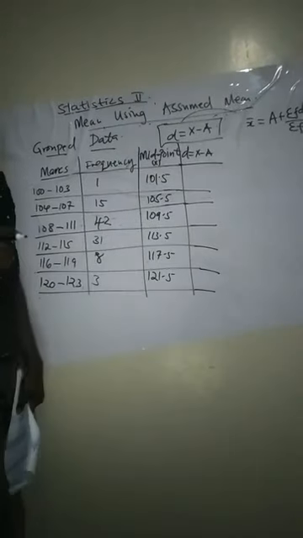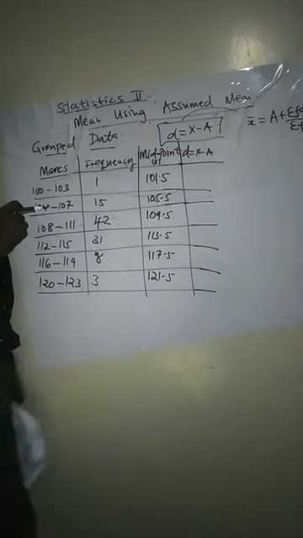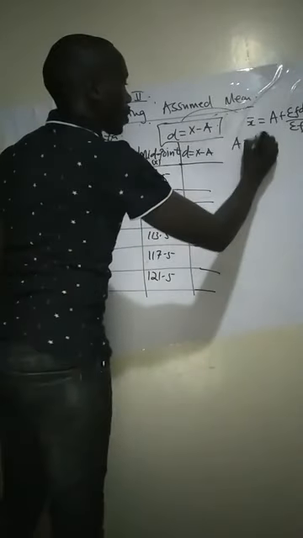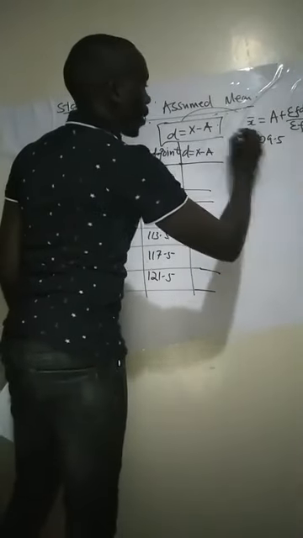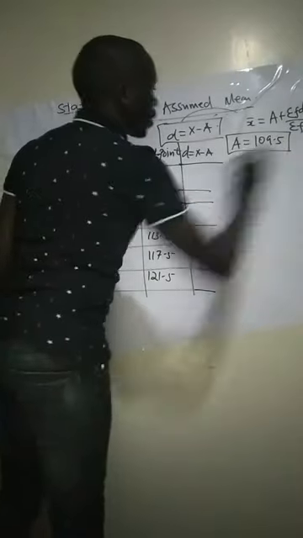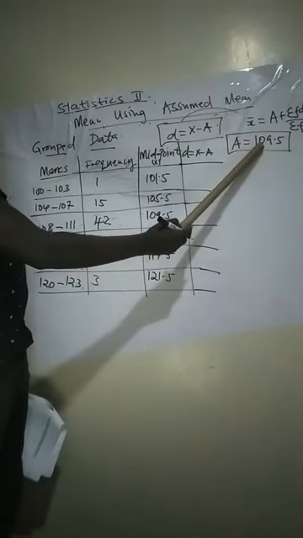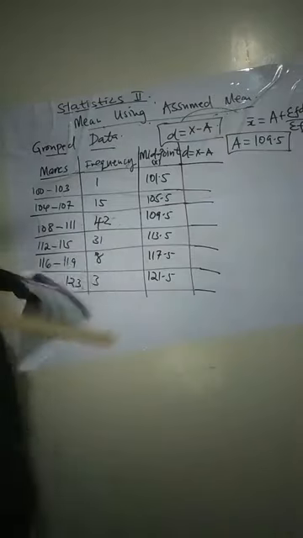Notice that I have not given the assumed mean, so I want to give the assumed mean. I tell you to use an assumed mean of say 109.5. That is my assumed mean, 109.5. But before we proceed, let me mention this.